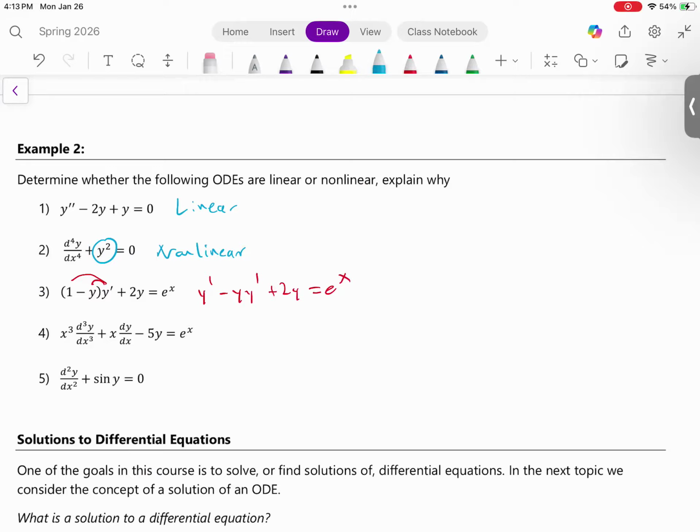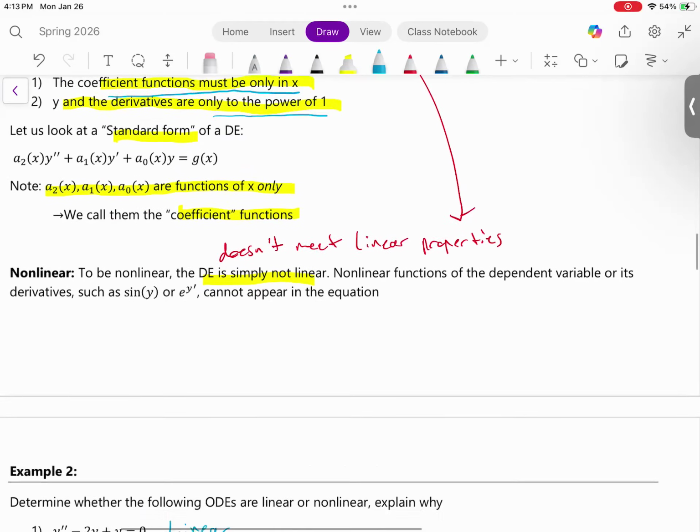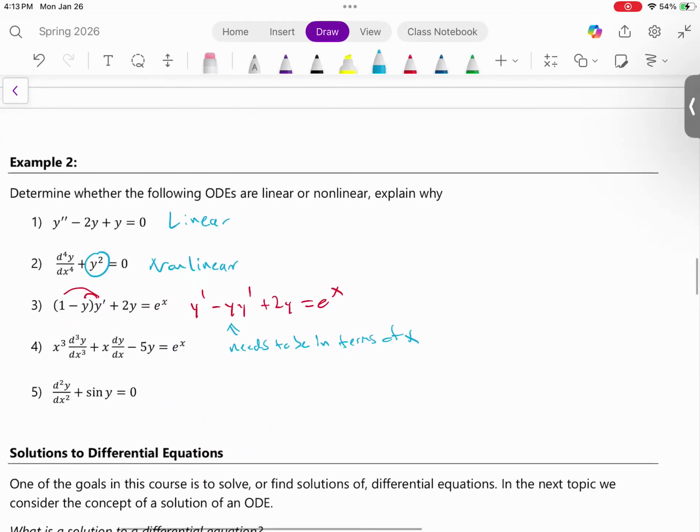But the issue here is that our coefficient terms need to be in terms of x. That's one of the properties of a linear, is that the coefficient functions must be only in x. So that causes an issue here because it is in terms of y. So this would be nonlinear.